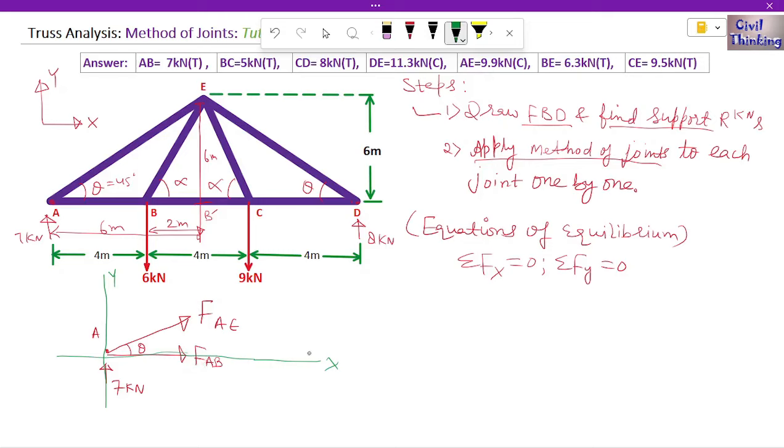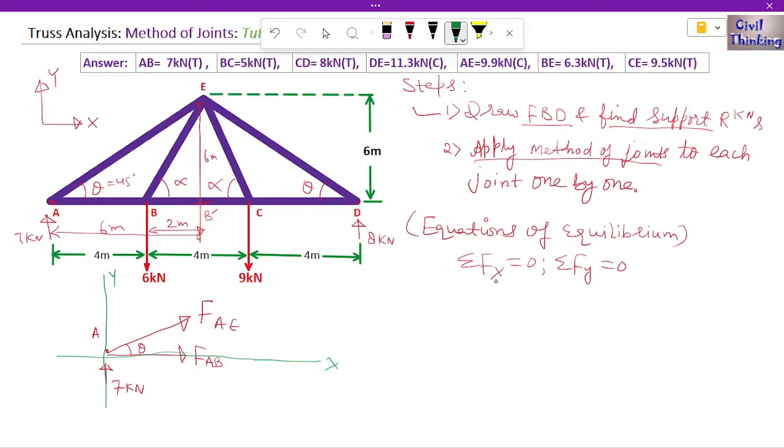And when we apply summation of Fy equal to 0, that means we sum up all the forces in the y direction. Now look at this FAE. This FAE is neither in the x direction nor in the y direction, so when we apply these equations, we will not be able to fit FAE in these two equations.